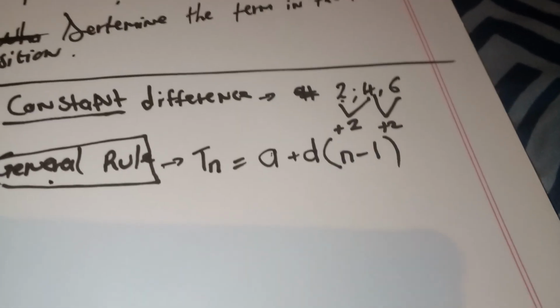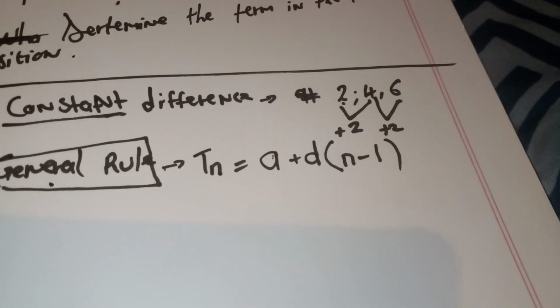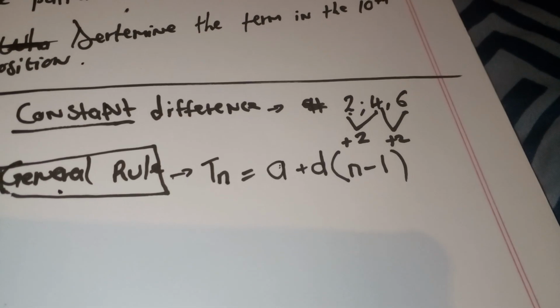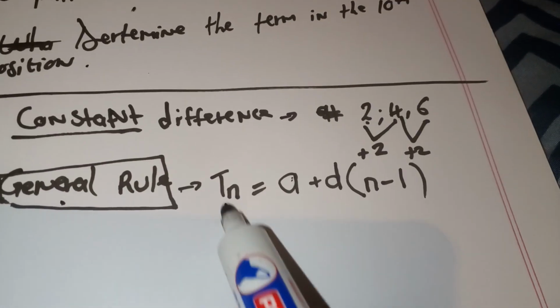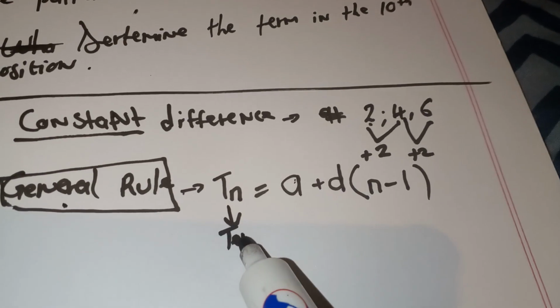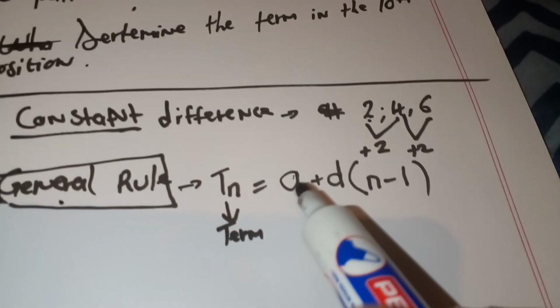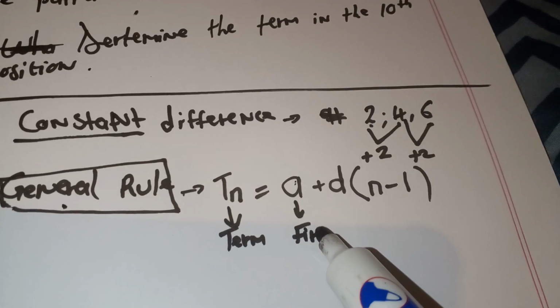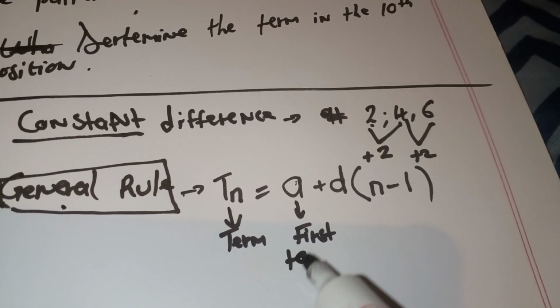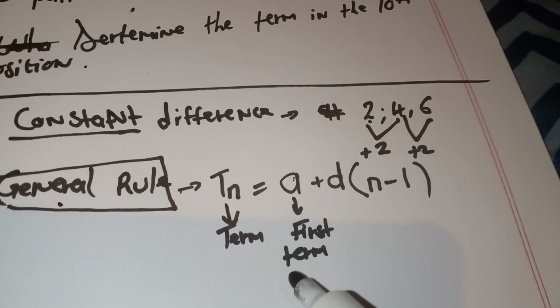Then we have to break it down so that we understand what is happening. The Tn is the term. The A is the first term in the pattern.